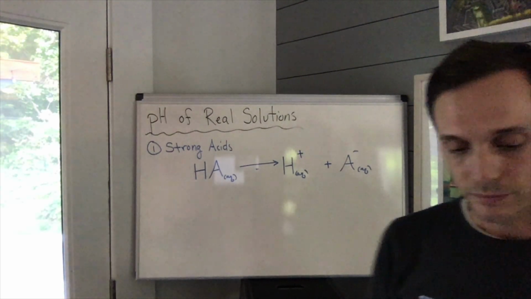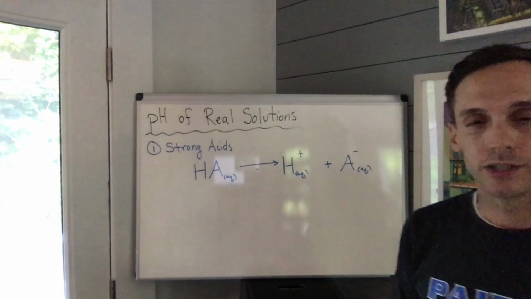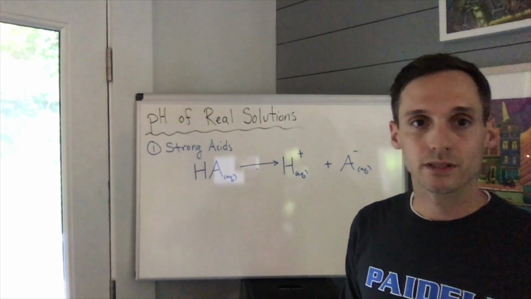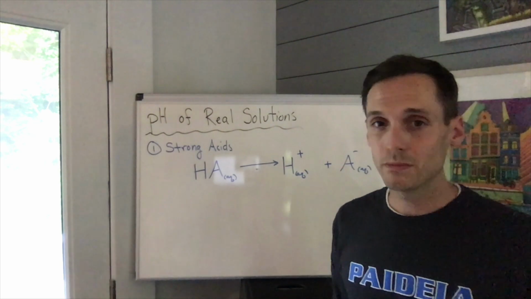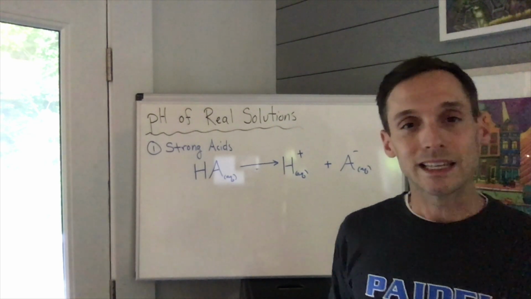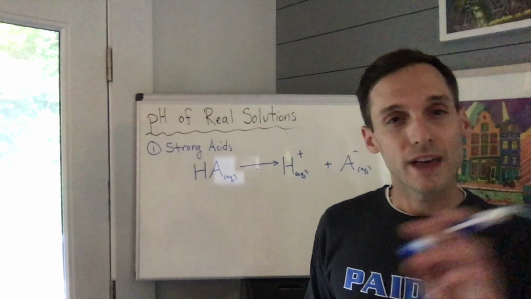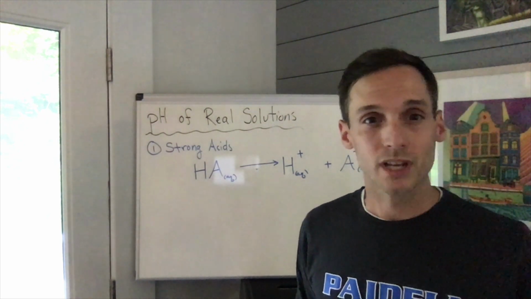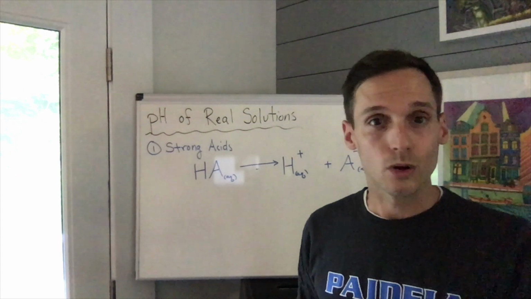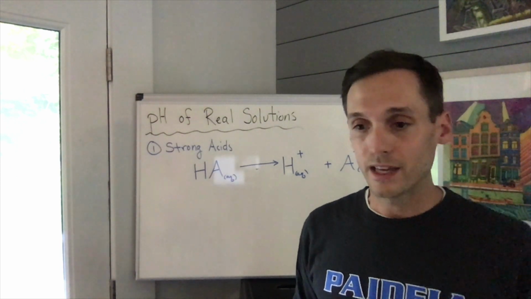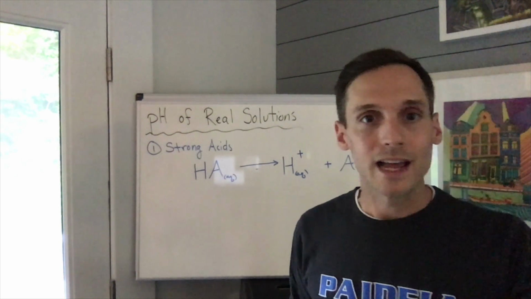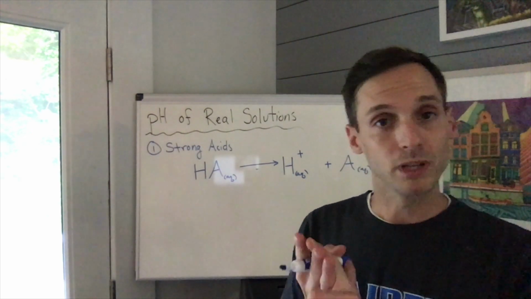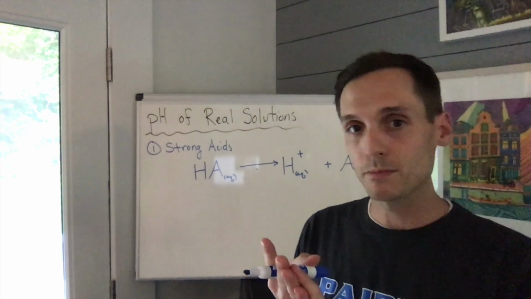Okay? So what I want you to be thinking about during this lecture a lot is, if we're trying to get the pH of these real solutions, your ultimate goal is really to get something on that pH square that we went over last lecture. If you remember, each corner represents a quantity that you can then use to calculate any of the other quantities. We had pH, pOH, H+ molarity, and OH- molarity.